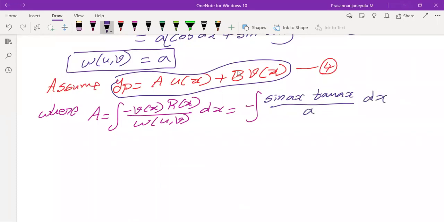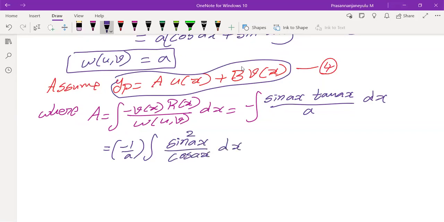Now we cannot find the integration of sin into tan directly, so minus 1 by a outside of the integration, sin ax, and tan ax we can write as sin by cos. Again, the product of sin ax by cos ax is sin square ax by cos ax into dx. Can we find the integration of this?